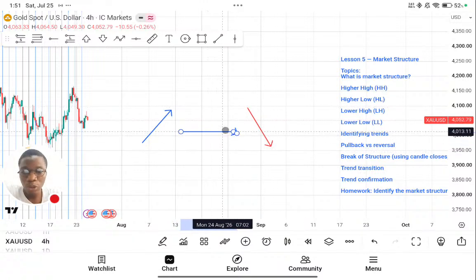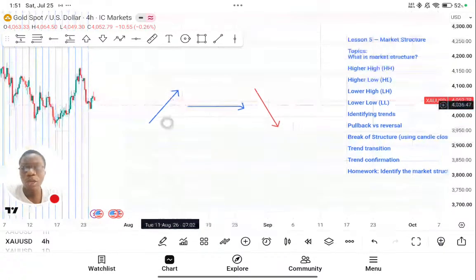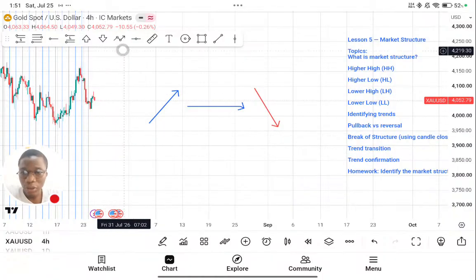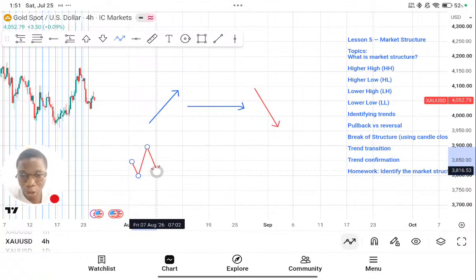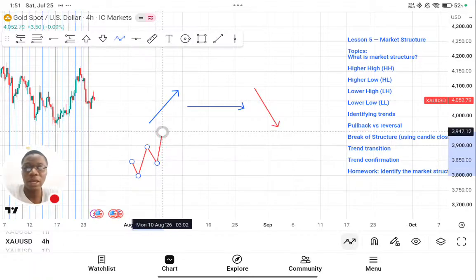And what would you see that will make you know that this is an uptrend? Look at the characteristics of an uptrend, where the market breaks the previous high, comes back and fails to break this low, and if it doesn't break and it makes a new high, then it's an indication of an uptrend.